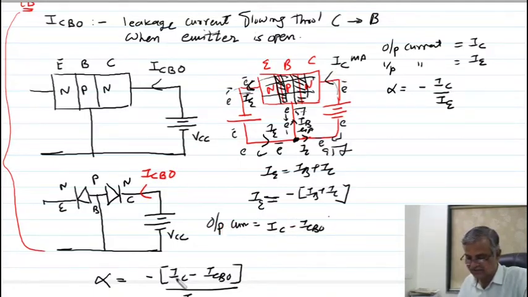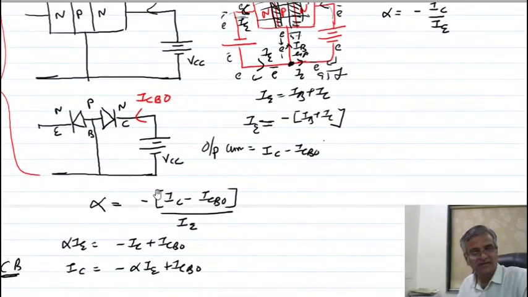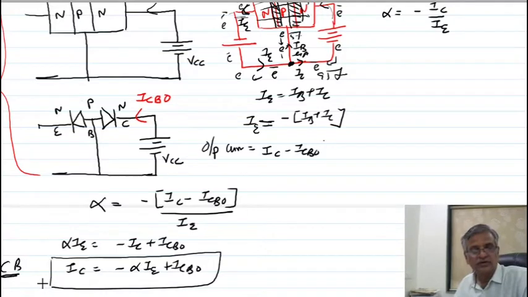So what is the current gain? Output current upon input current. So I can write it like this. If you simplify, you will get this equation for your collector current. I think you understand.